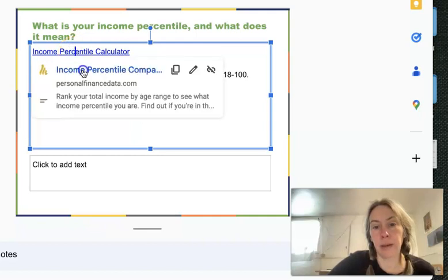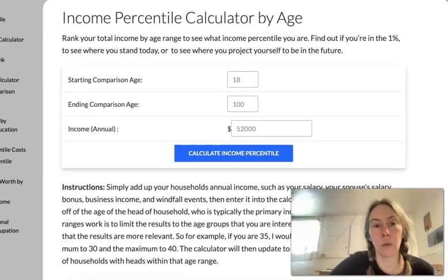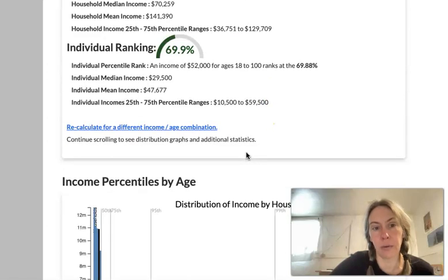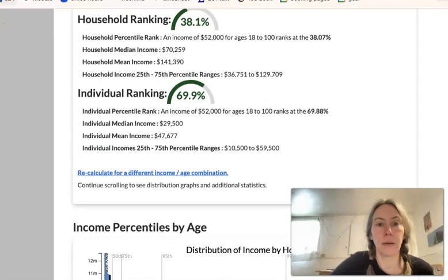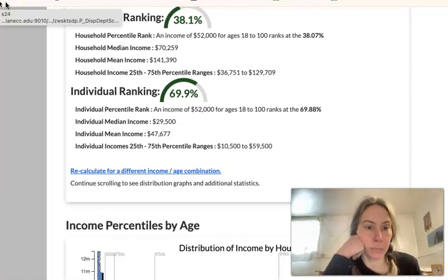And I found this website where you can put in who you're comparing yourself to. So that was the 18 to 100 that we had. And then we put in $52,000 or whatever you want. You can change this around and then generate the income percentile. And we'll see that that individual is richer than 70% of people.